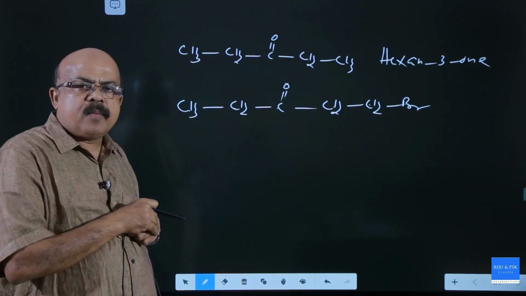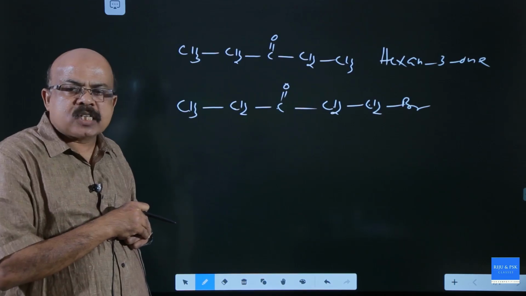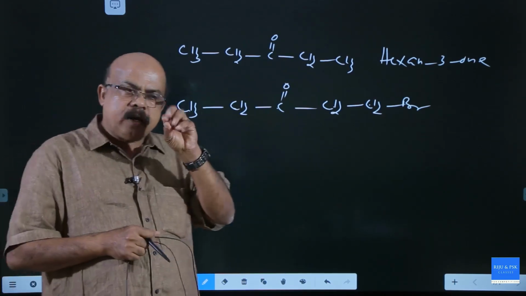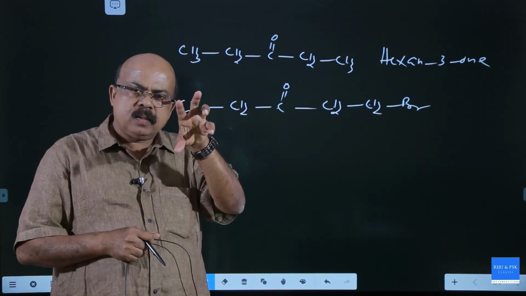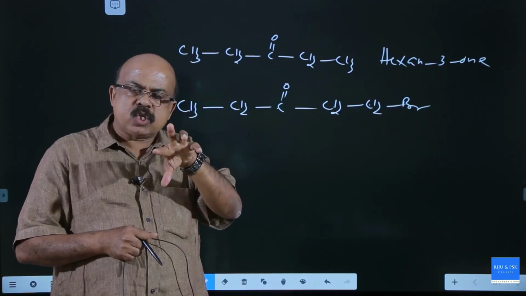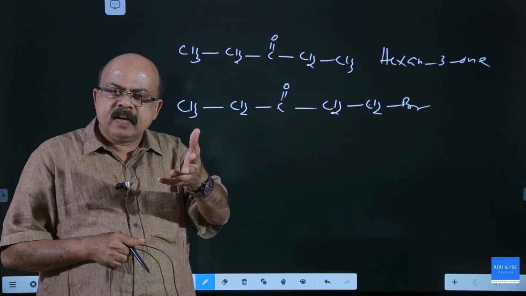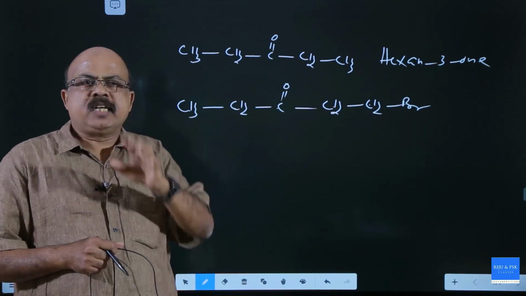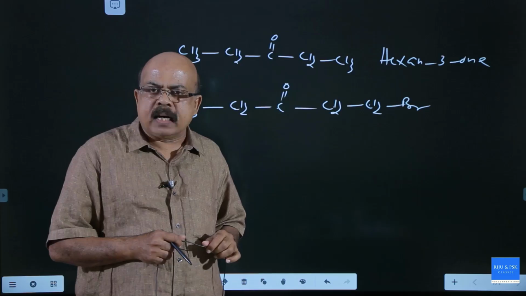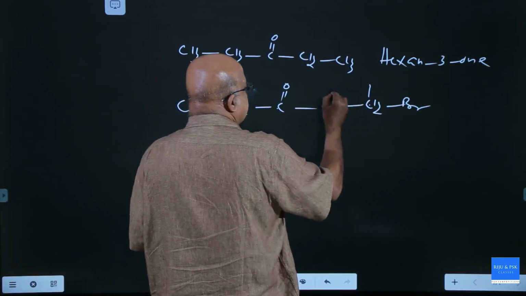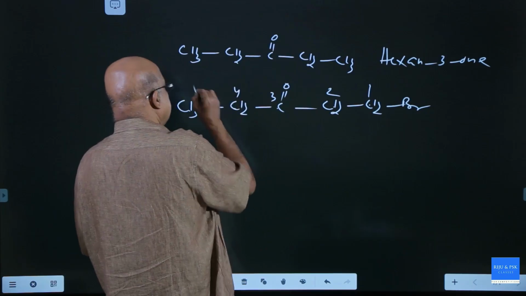When you number from any side, it becomes hexane trione. If CO group gets the same locant from either side, you have to number the chain in such a way that the substituted carbon gets the lowest number. So this numbering is correct.